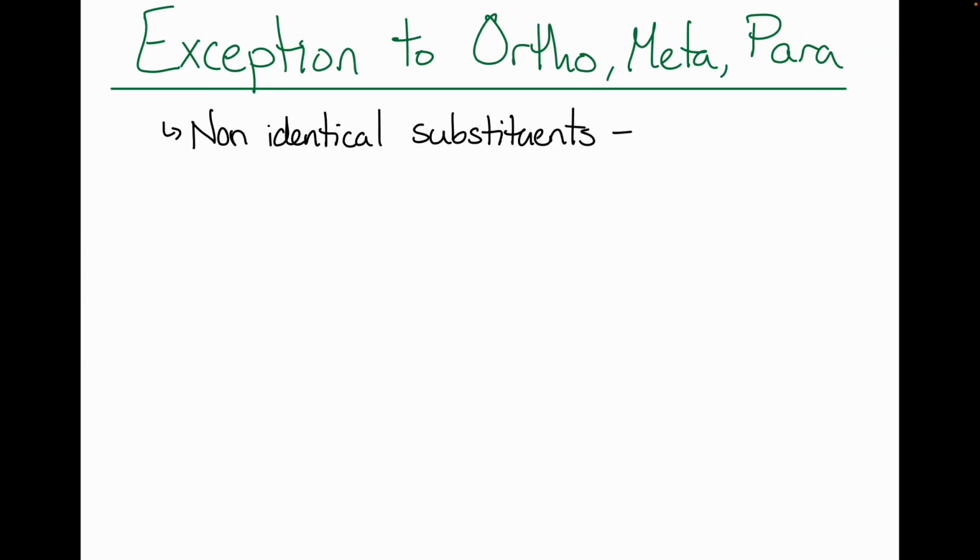So if, for example, we had a benzene ring where one of those substituents was an ethyl group and the other one was a chloro group, we would not use ortho, meta, or para. Instead, we just use our normal numbering.